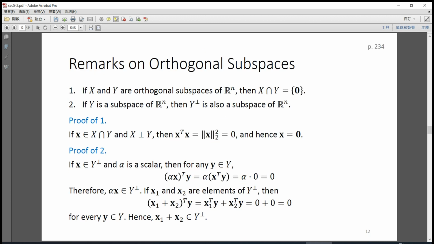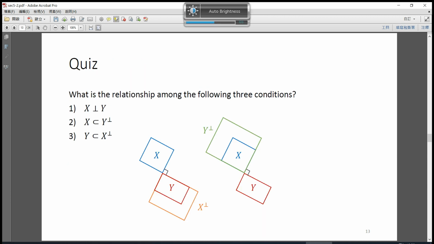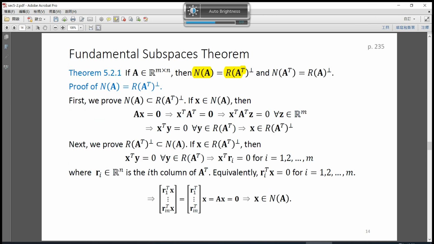Then, in view of the previous remark, we know the intersection of the null space of A and the column space of A transpose contains only the zero vector. Similarly, because the null space of A transpose and the column space of A are orthogonal subspaces, their intersection only contains the zero vector.